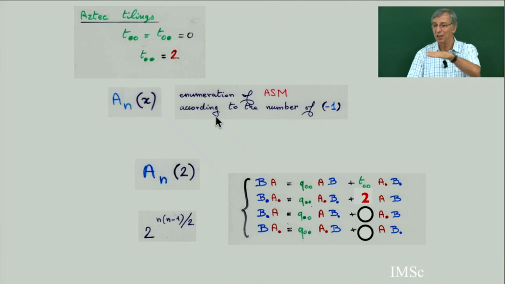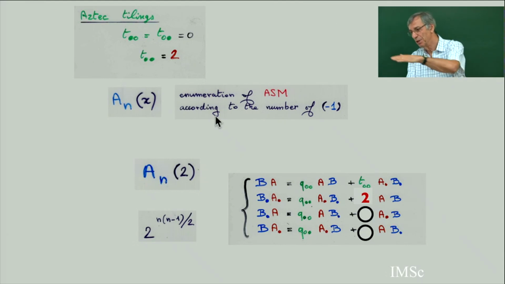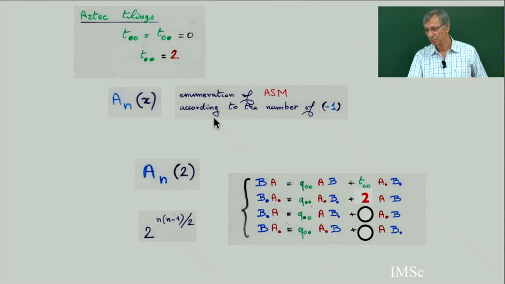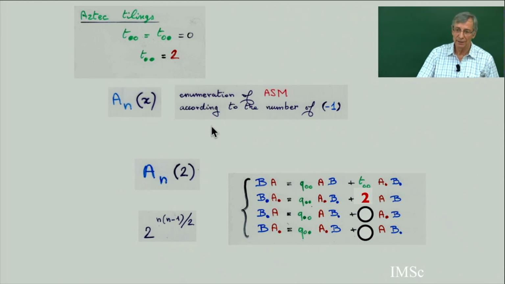It's like a generating function or a polynomial enumeration. So A_n(0) is n factorial because there is no -1. So it's the constant term of this polynomial. It's when you enumerate alternate sign matrices by number of -1.